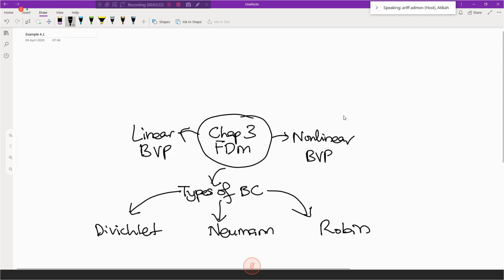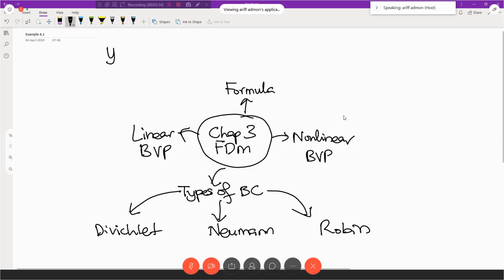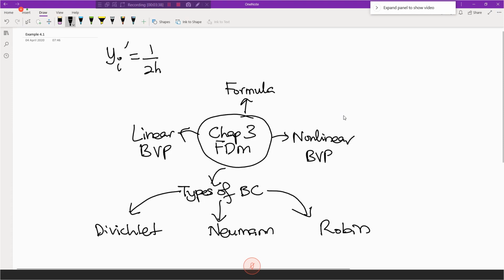Your main formulas for finite difference, we have only two formulas that you must remember. The first one is y_i prime, where we have 1 over 2h times (y_{i+1} minus y_{i-1}).